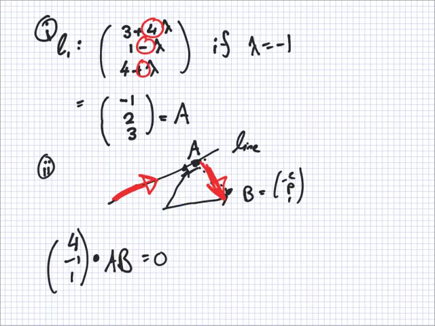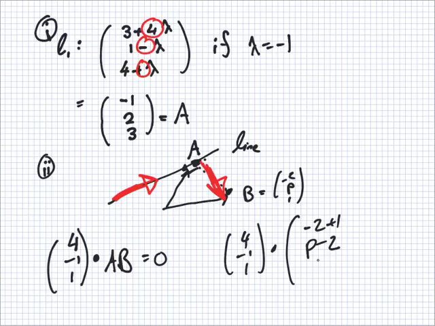That's what you were talking about earlier, Monica, I think. So 4 minus 1, 1 dot B minus A, minus 2 plus 1, P minus 2, minus 2. That should equal 0.